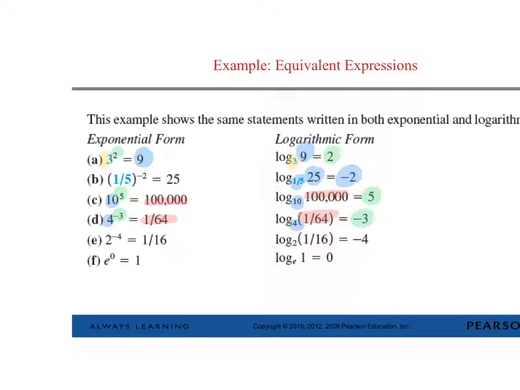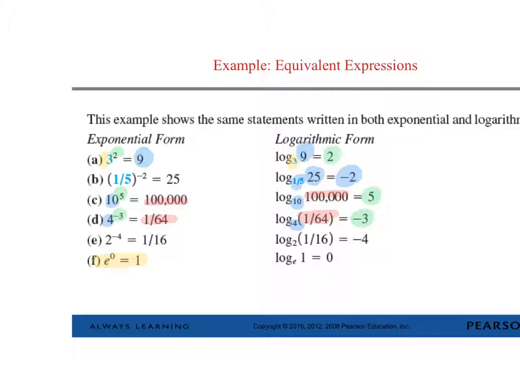There is a special case here, and that special case is the very last one. e raised to the 0 power is 1. Now, of course, e isn't the only thing raised to the 0 power that's 1. Anything to the 0 power is 1. But in particular, e is an interesting number, and it'll lead us to talking about something called the natural logarithm somewhere in this section.